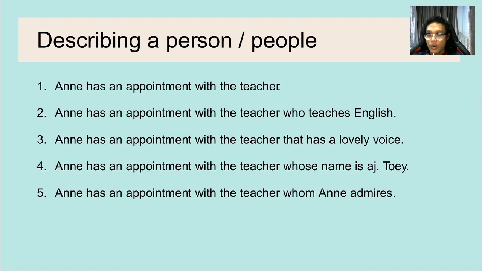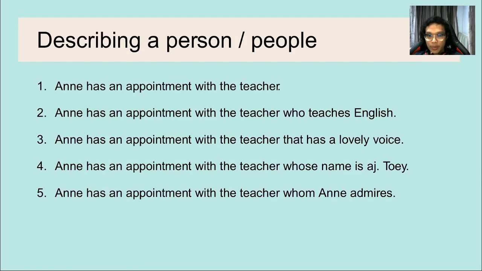When we want to describe a person or people, like a living being that can talk and has some characteristics of a human being, a person, basically, a guy, a man, a woman, a male, a female, a president, a student, the teacher, whatever it is, you name it, if it's a person, we use this relative pronoun to describe it.